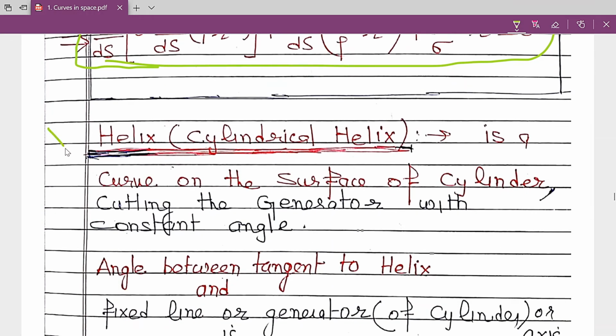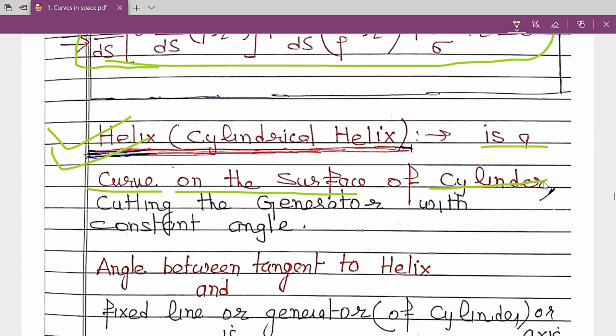After that, there is a very important curve which is called a helix, or we can also say cylindrical helix. So what is a helix? It is basically a curve on a surface. Now here the surface is a cylinder. So it is a curve on the surface of a cylinder.